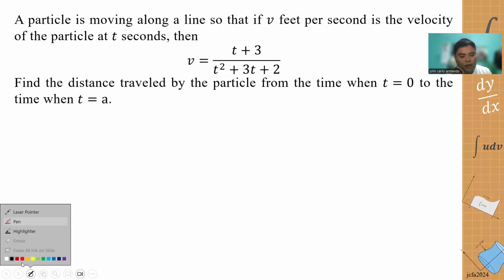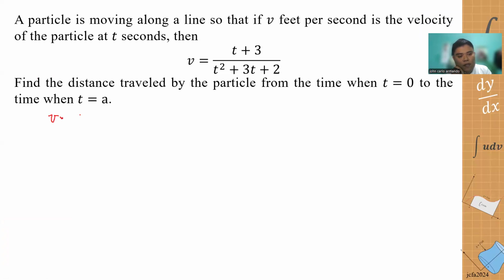Take note of this, guys, that the velocity is simply the derivative of distance. S represents a distance with respect to time. Therefore, when we get the integral of t plus 3 over t squared plus 3t plus 2, that is the distance.